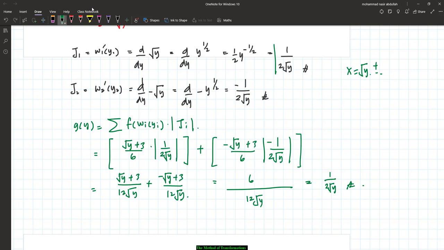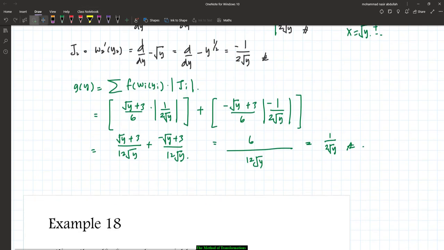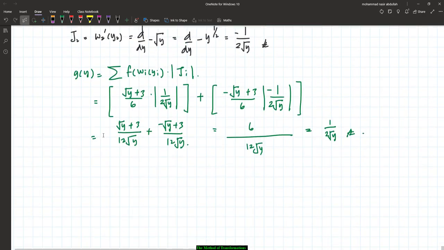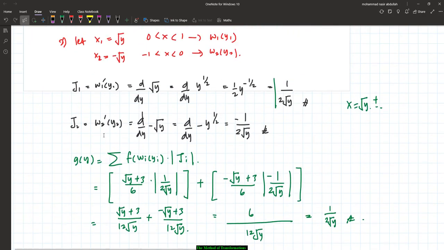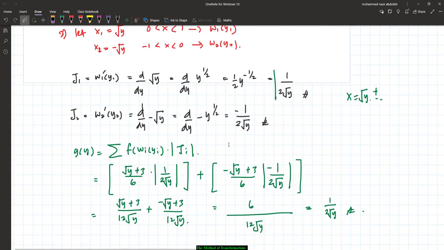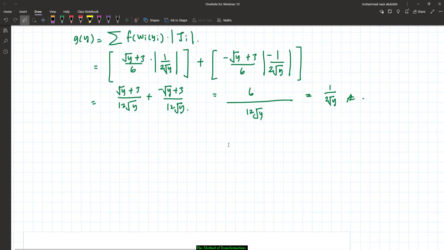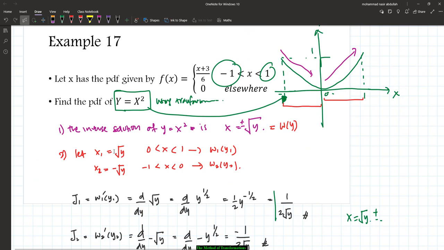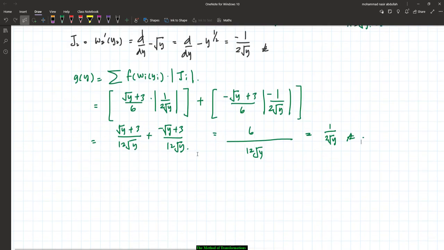Are you okay? So now this is our new PDF. Right, our new PDF. So since let's look at the range kan. Dekat sini kita hanya ada square root of y, right? So for square root of y dekat sini, tengok kita tak ada negative point kan, kita ada square root of y saja, right? Positive value.